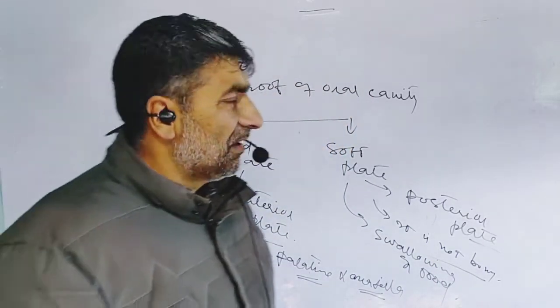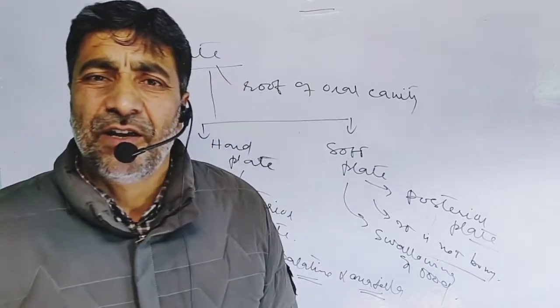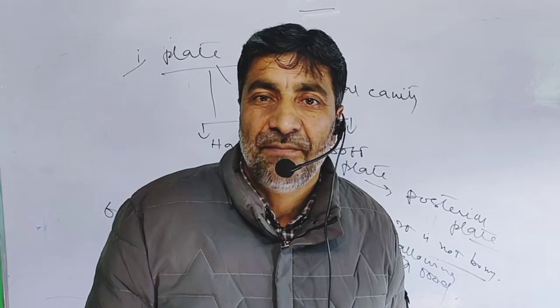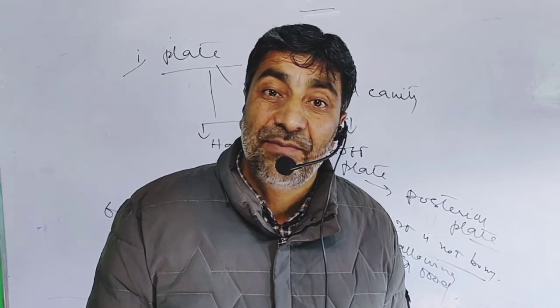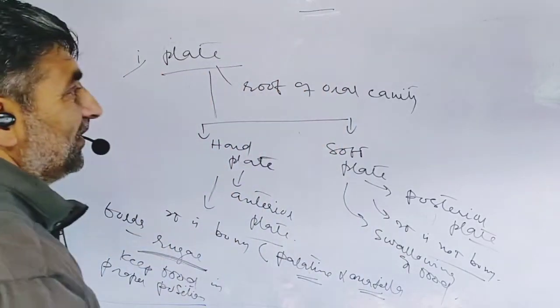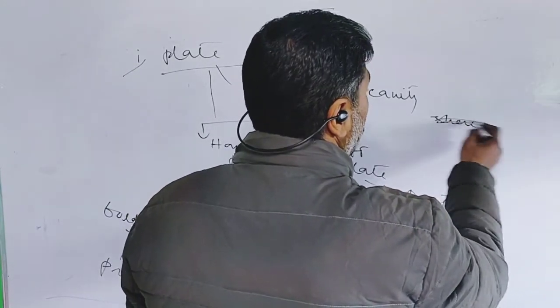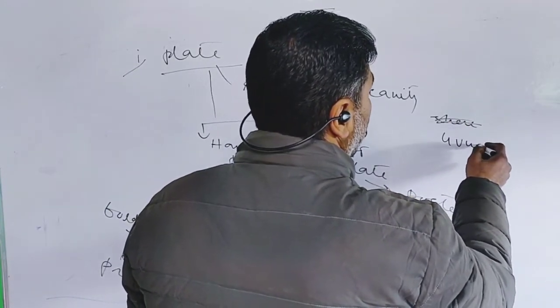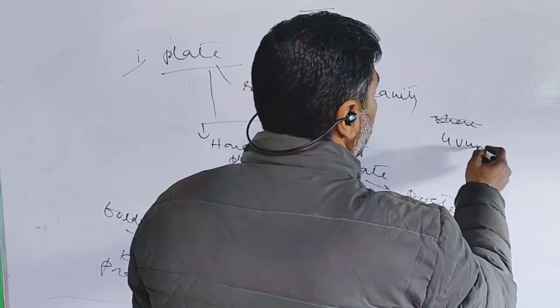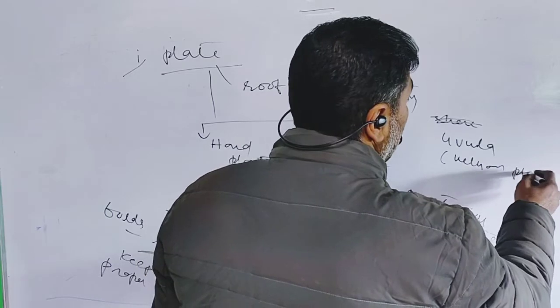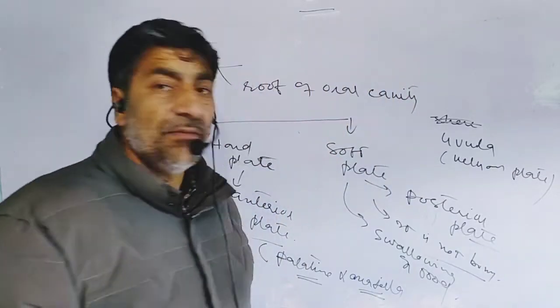Now towards the end of this buccal cavity, there is also another structure called the uvula, or Willem palate.